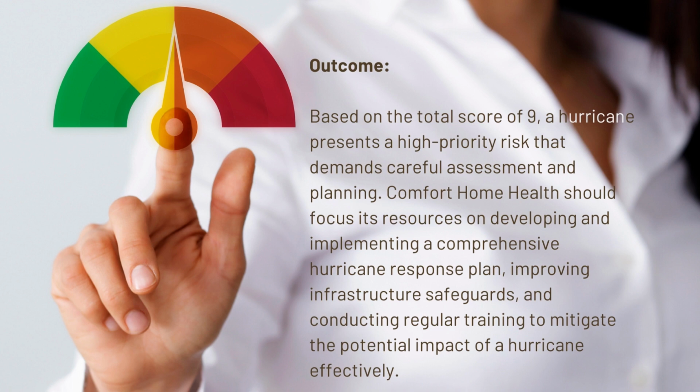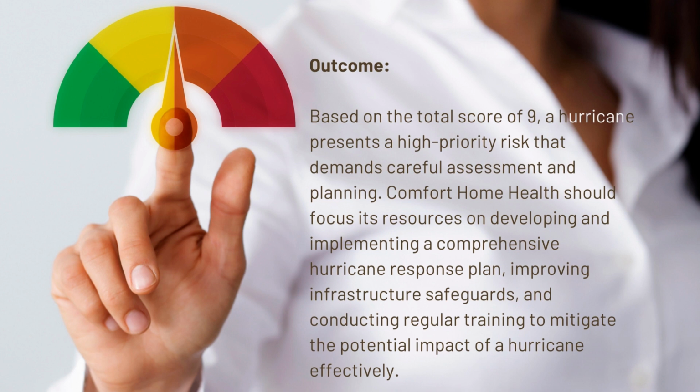By conducting a hazard vulnerability analysis and scoring risks in this manner, we can create a comprehensive assessment that not only identifies risk but also prioritizes them based on their potential impact and our level of preparedness. This ensures that we focus our resources and attention on the most critical risks, ultimately enhancing our emergency management efforts.